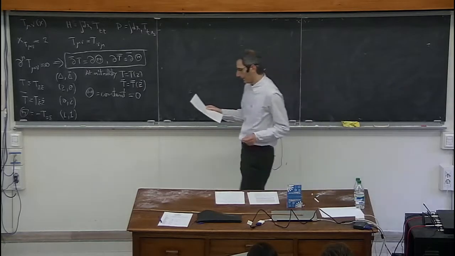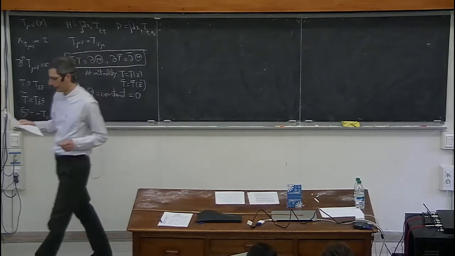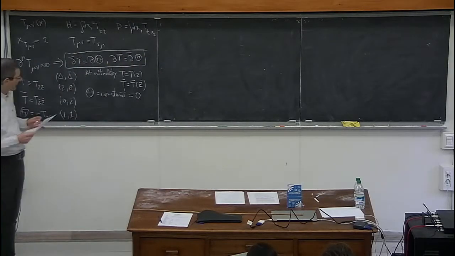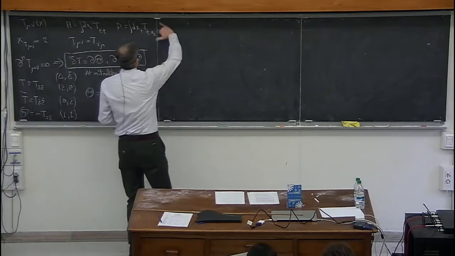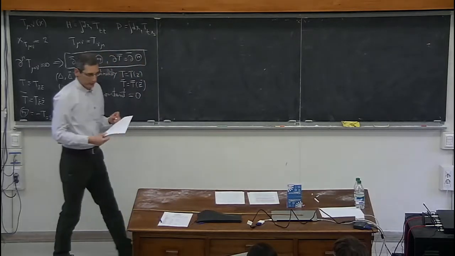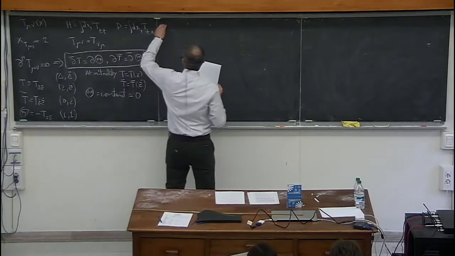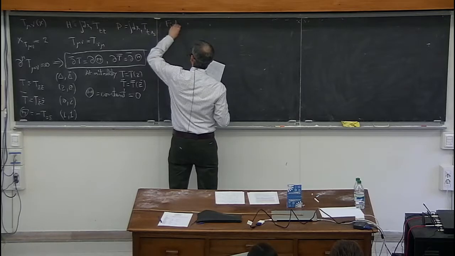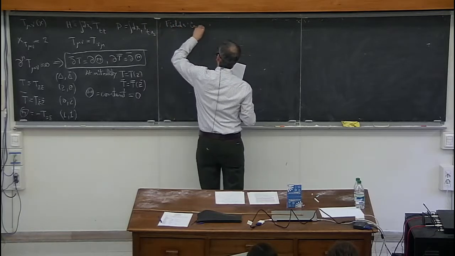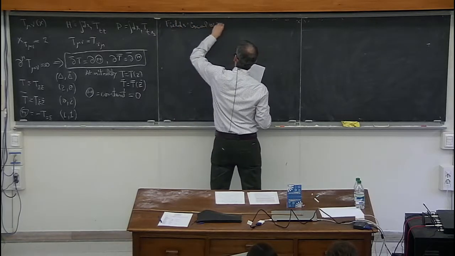Now, let's make a first use of this property of mutual locality. We want our fields to be local with respect to T_mu nu.